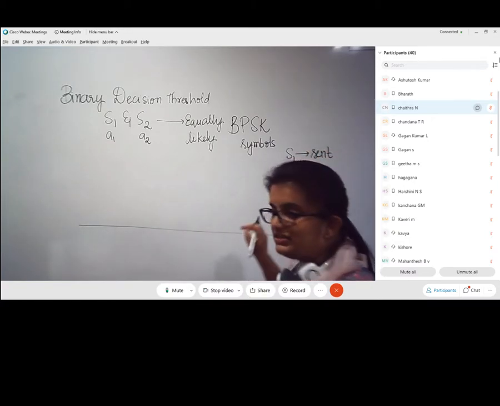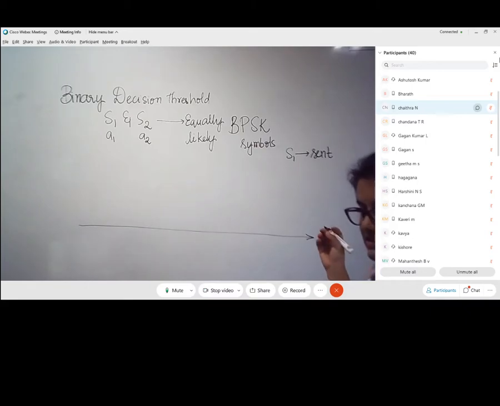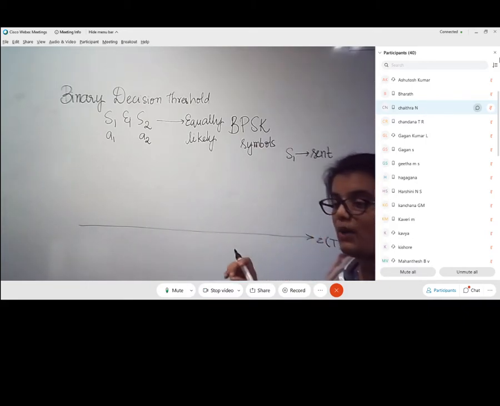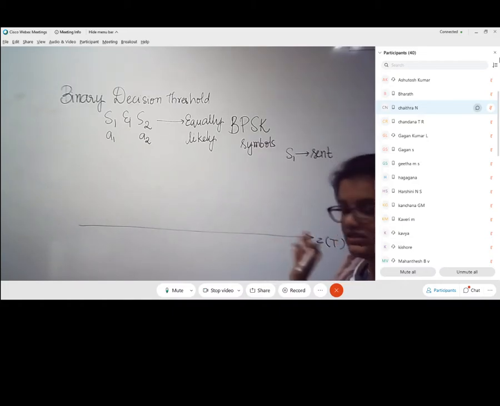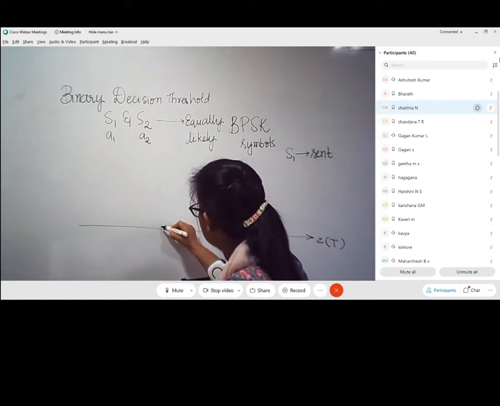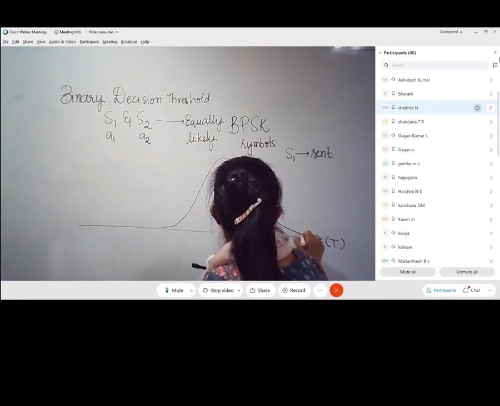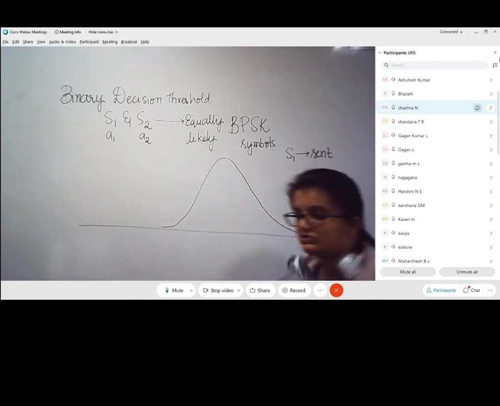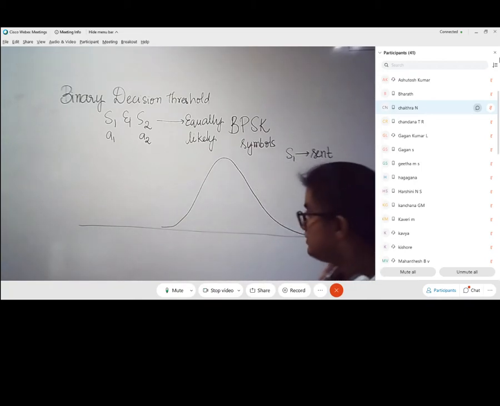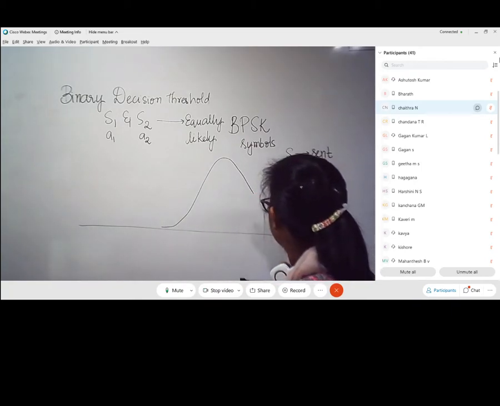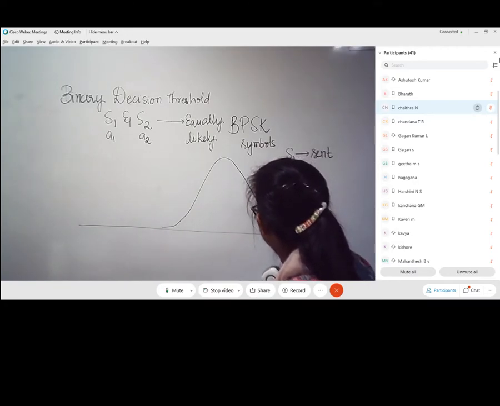Now I am trying to receive at the receiver side, and plot what are all the probable amplitudes of the received signal that I am going to get. When I plot, I am going to get a bell-shaped curve which is centered around some value, and that value happens to be its mean value.